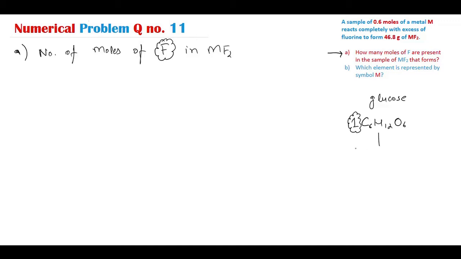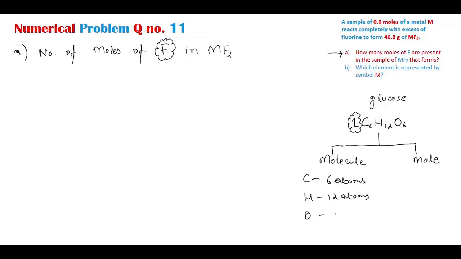This can represent two things. Number 1 is molecule, and secondly it could be mole. If this 1 represents a molecule, then it means you have 6 atoms of carbon and 12 atoms of hydrogen.